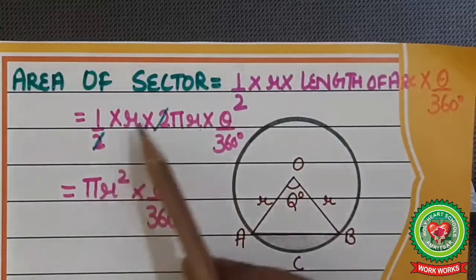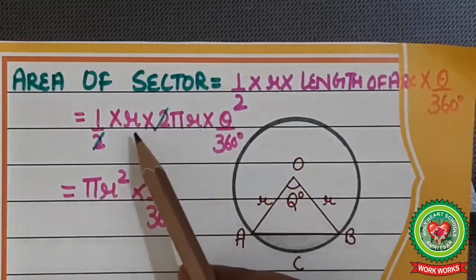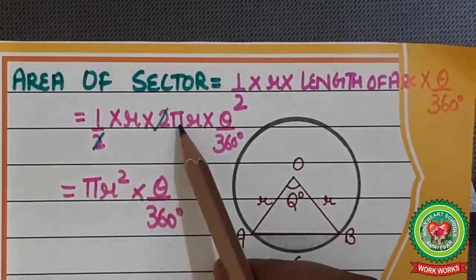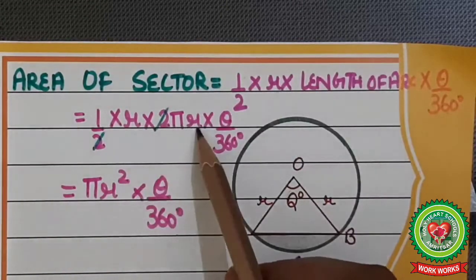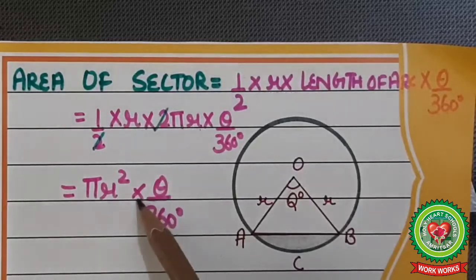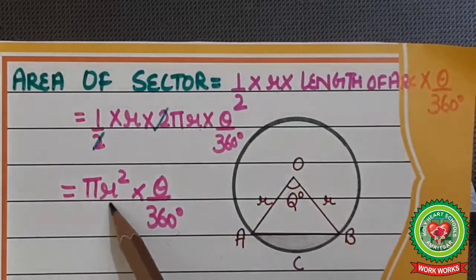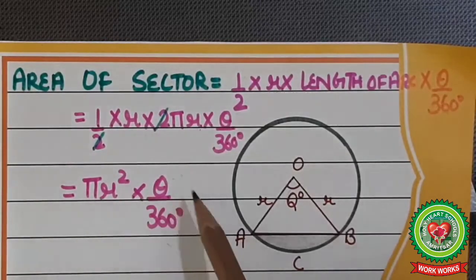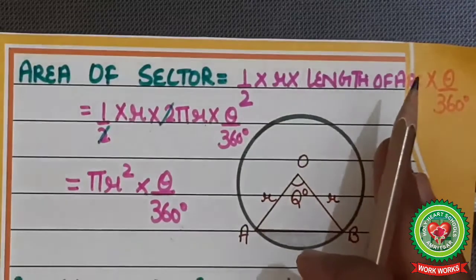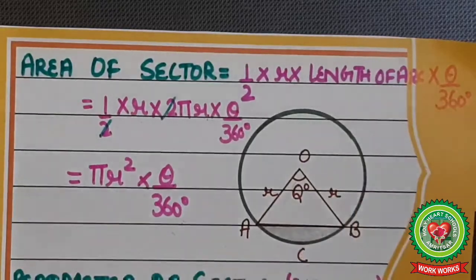So cutting off 2 by 2, what is left is pi r square into theta by 360 degree. So children, this is the formula of area of sector, which is equal to pi r square into theta by 360 degree. Now students, we will do a question related to this formula.